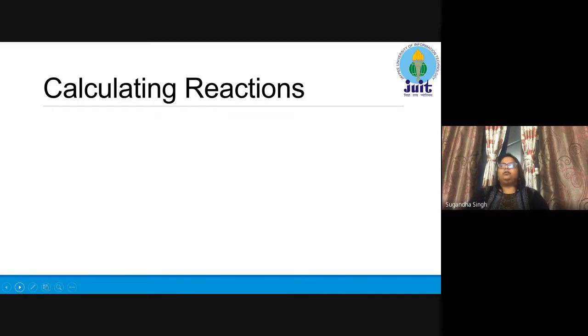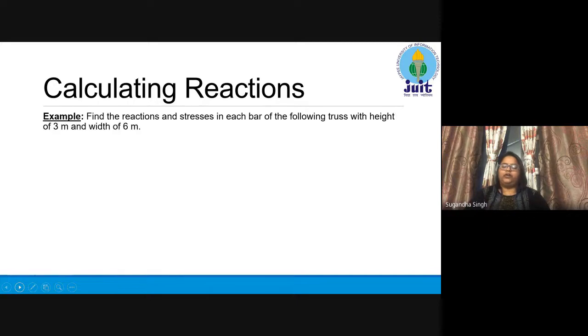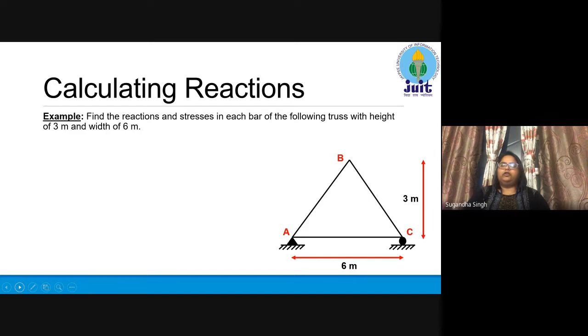So first off, we have to understand how to calculate reactions in a truss. To understand that, we can start with a particular example of a truss which has a height of 3 meters and a width of 6 meters.